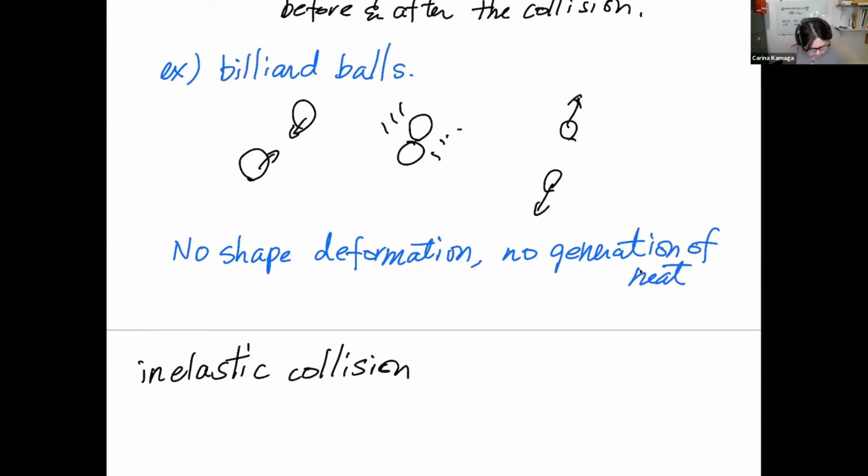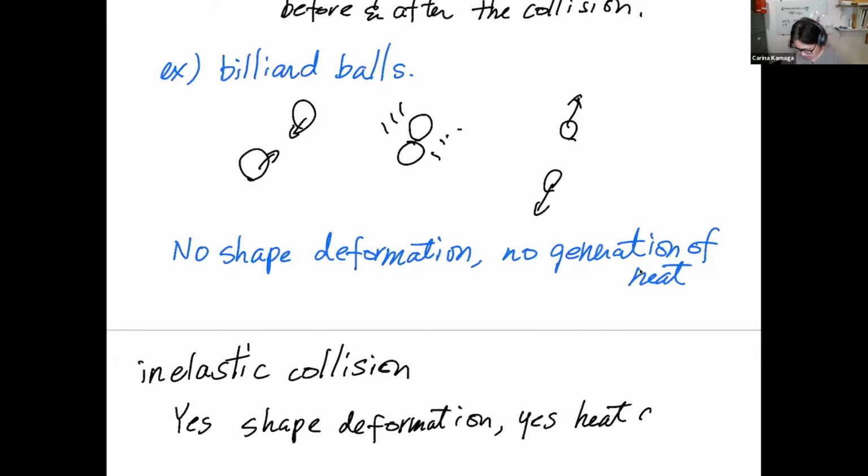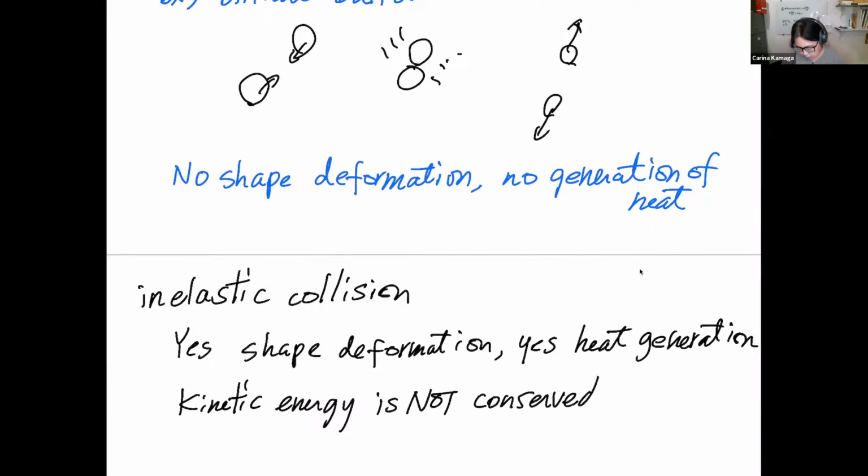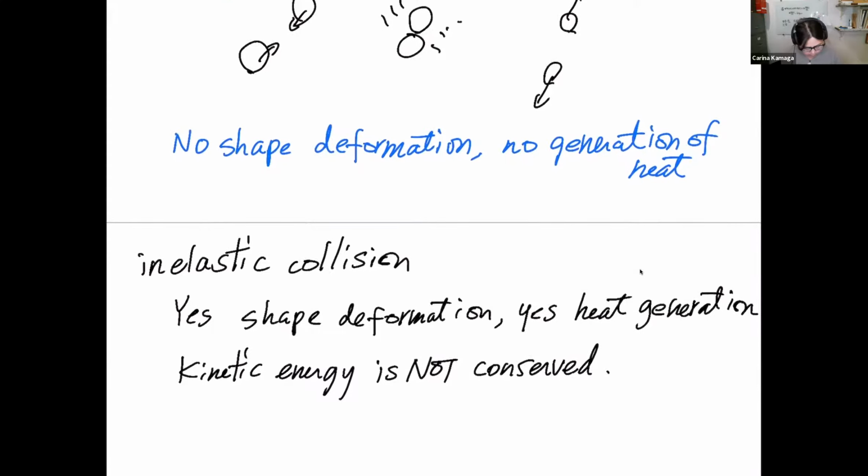In those, you may see shape deformation, and maybe heat generation. Kinetic energy is not conserved. Energy is used to do some kind of work.